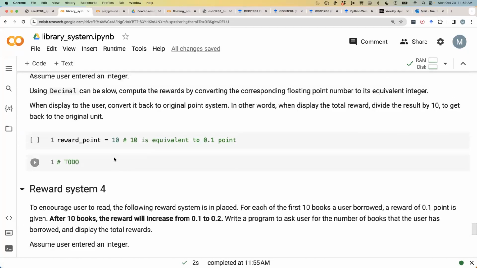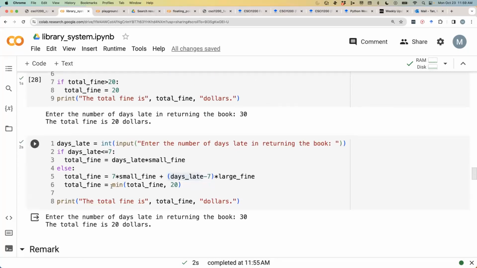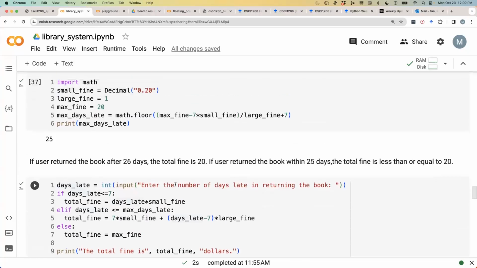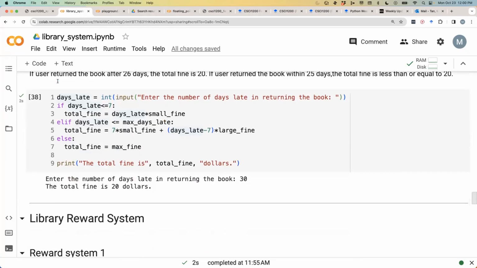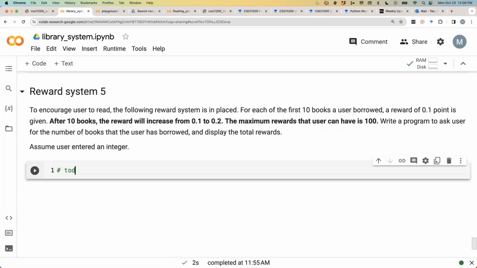So the same thing, you can do these computations here, where instead of min, you do max of the total reward with 100, or you can pre-compute the minimum number of books that you need to borrow in order to get the rewards of $100. So you just borrow that amount and you already have the rewards of $100. So this is again to do, following the sample code above.